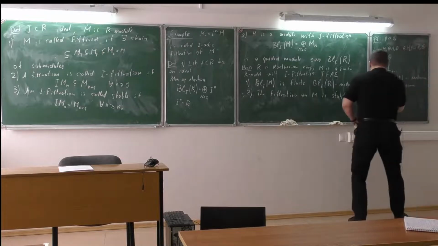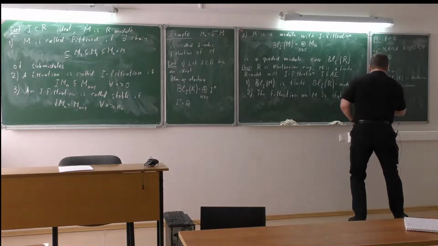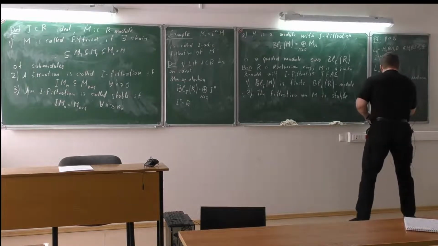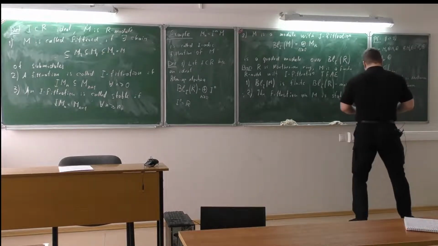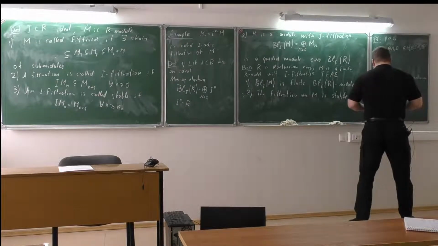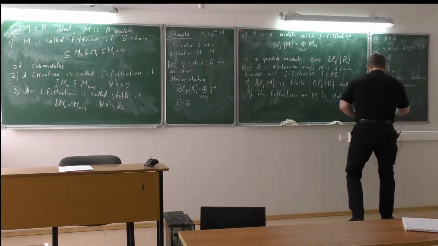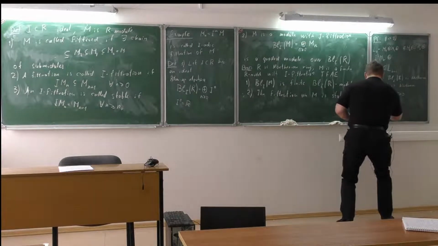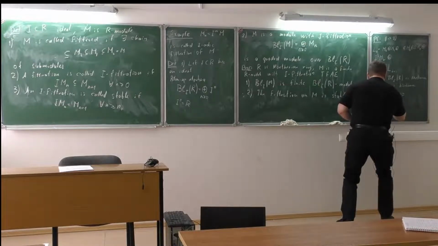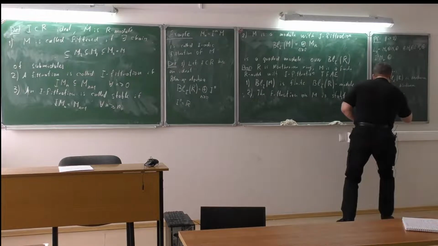Hence there is some n0 such that we have the stabilization. So there is n0 greater than 0 such that Ln0 is equal to the Ln0 plus 1, and so on.